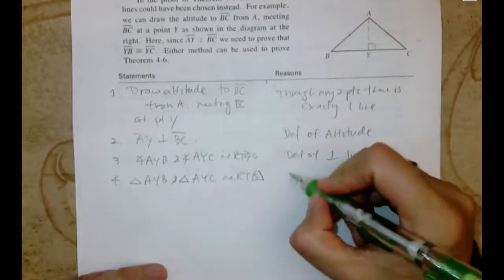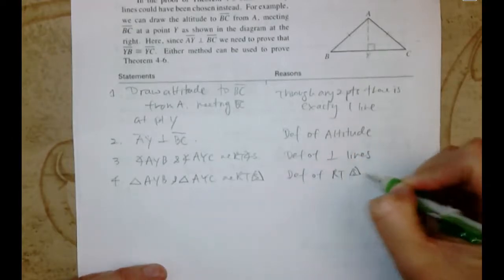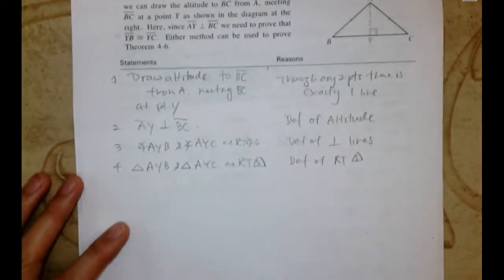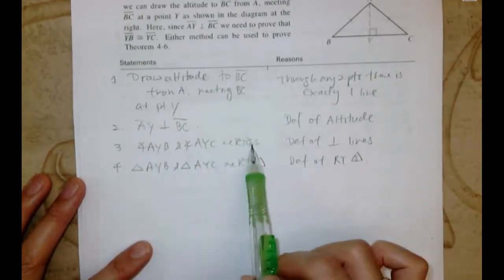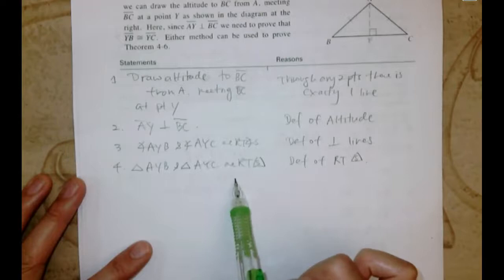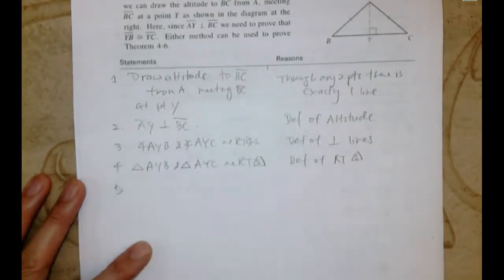And that's the definition of right triangles. I'm very worried about using all these definitions and you're getting it wrong. But if you don't want to use a definition, if the triangles have one right angle, then the triangle is a right triangle. Okay, right.